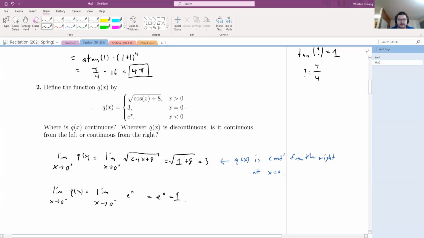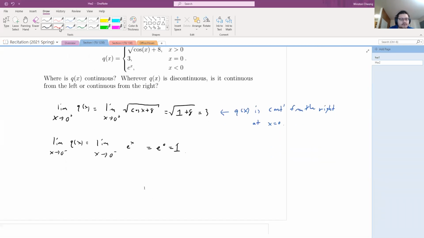So we can answer the first question of where is q continuous. Maybe I'll use a different color for that. So for the question, q is continuous everywhere except x equals 0.